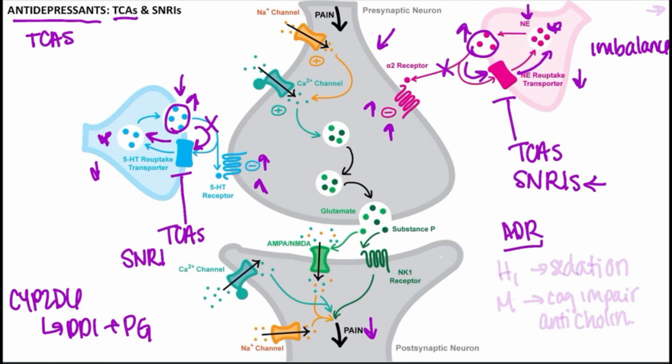Because in addition to these effects, the TCAs also block histamine 1 receptors, which leads to significant sedation, and also block muscarinic receptors that leads to cognitive impairment and the slew of anticholinergic side effects, which, remember, will be the opposite of our DUMBBELLS mnemonic that we've talked about in other videos. So think about drying the patient out, and those are going to be the sort of side effects that will come with our TCAs.